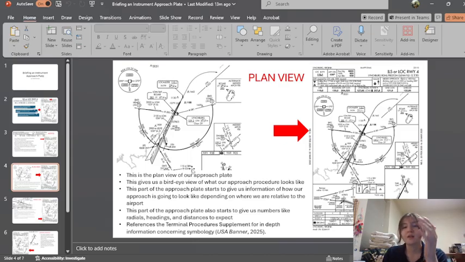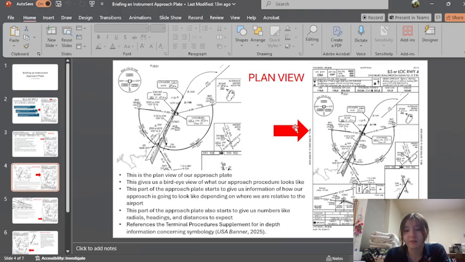This is in the middle of our approach plate to really give us a good idea of what we're doing. This part of the approach also starts giving us numbers, such as the radios that we're going to be on, our headings, distances, altitudes, and stuff like that. So this gives us numbers to follow.